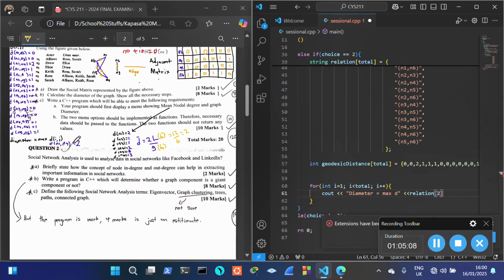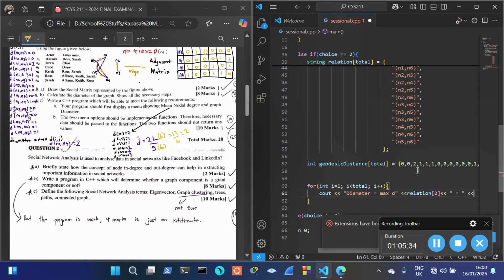Now we have this another equal sign, so we give a comment by saying equal. Now this equal sign should be the answer. Our answer is the geodesic distance. The geodesic distance again is at position number 1, 2, 3, which is the largest one to give us the diameter.